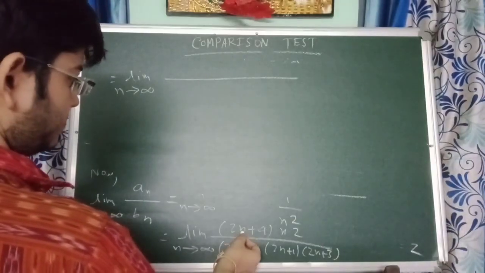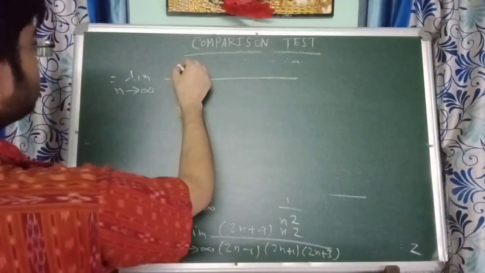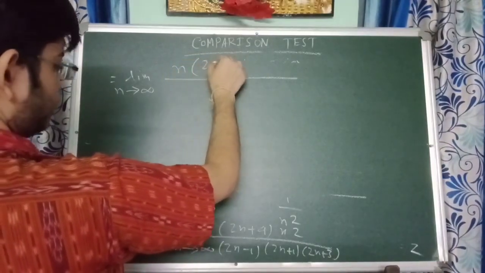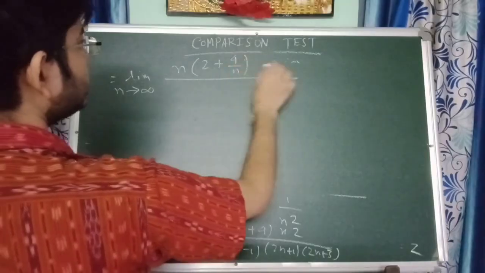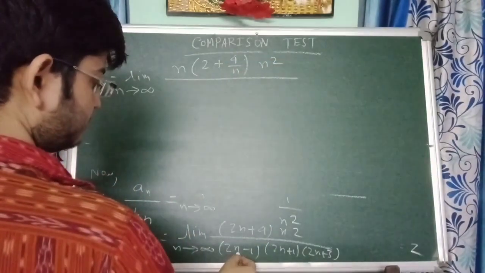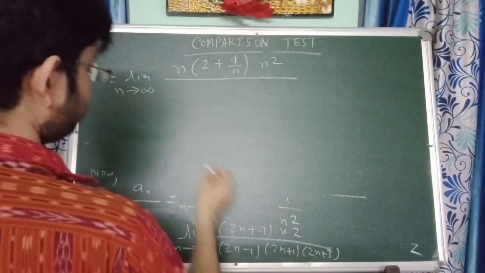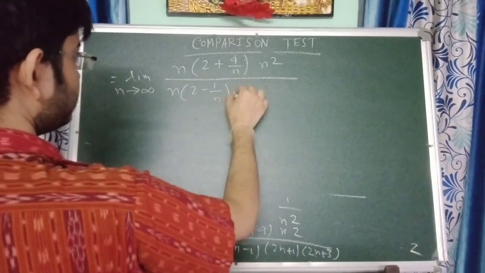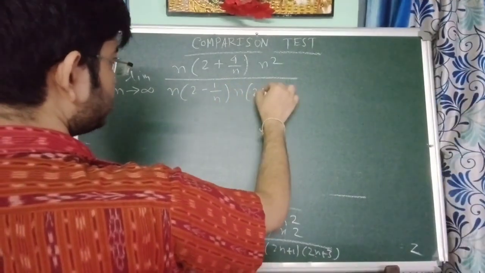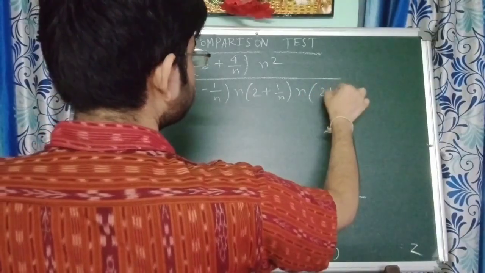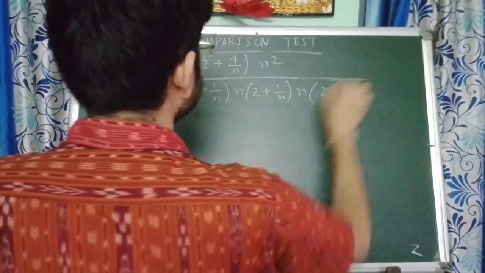Now take common n from the first part. We have n into 2 plus 4 by n into n square, and taking common n from here, here and here: n into 2 minus 1 by n, n into 2 plus 1 by n, n into 2 plus 3 by n.